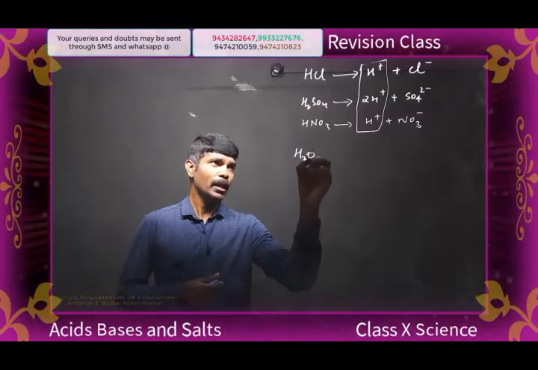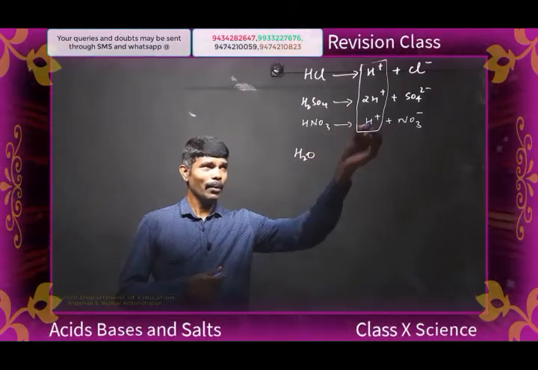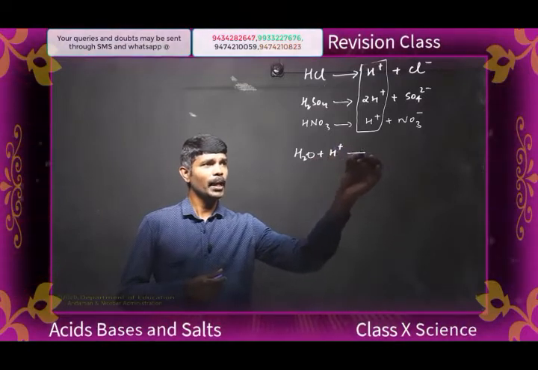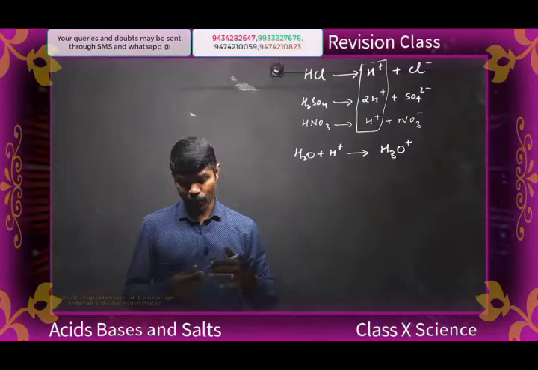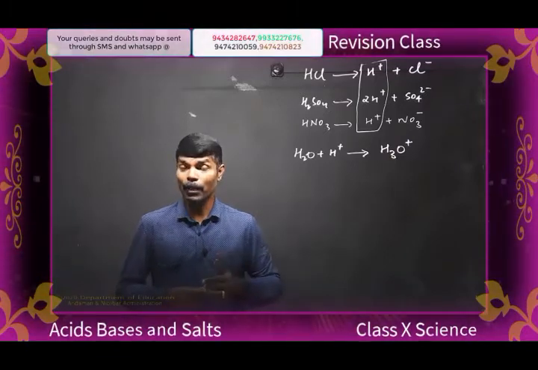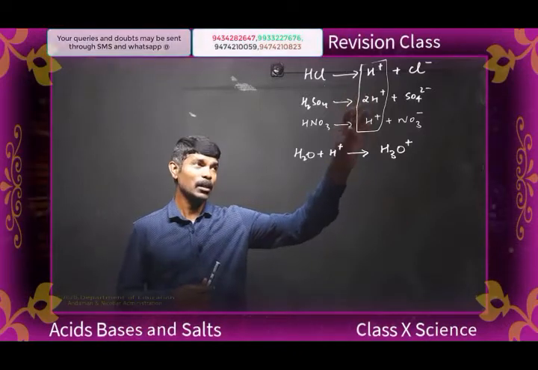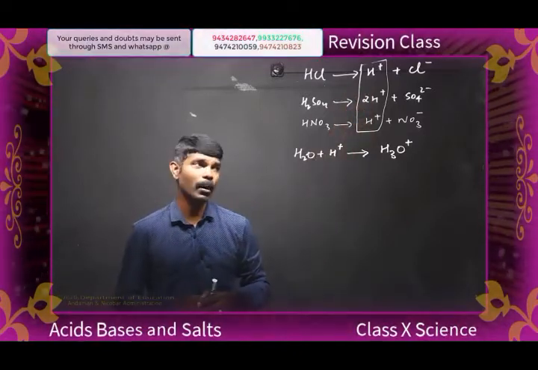Here it is water. During this chemical reaction, when it is dissolved in water, hydrogen ion is produced. This hydrogen ion immediately reacts with the water and forms H3O plus. We call it hydronium ion. So this you always keep in mind, that hydrogen ion cannot independently exist. It will react with the water and exist in the form of hydronium ion.